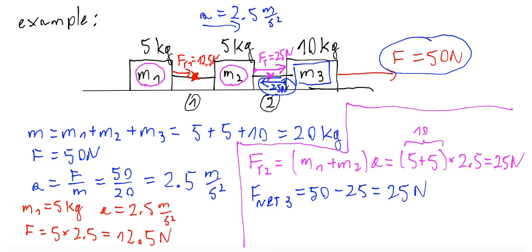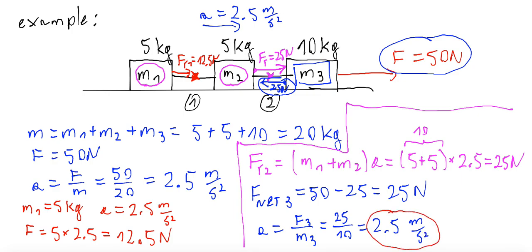Overall force divided by mass gives acceleration. So the net force acting on mass 3 divided by mass 3 should give us the acceleration. 25 divided by 10 is 2.5, which is exactly the same as we obtained here. Mass 3 moves with an acceleration of 2.5 meters per second squared, which confirms our method.